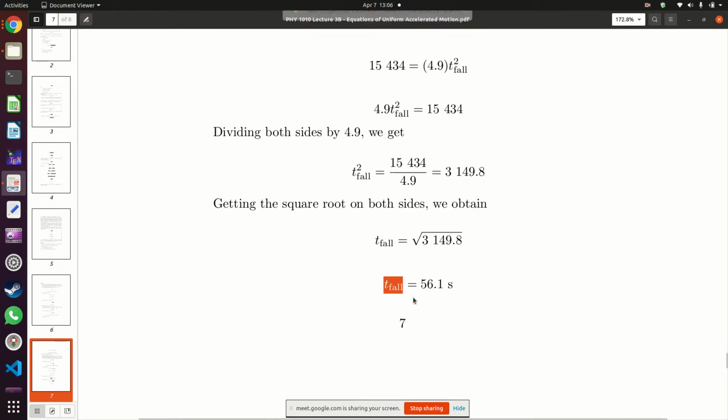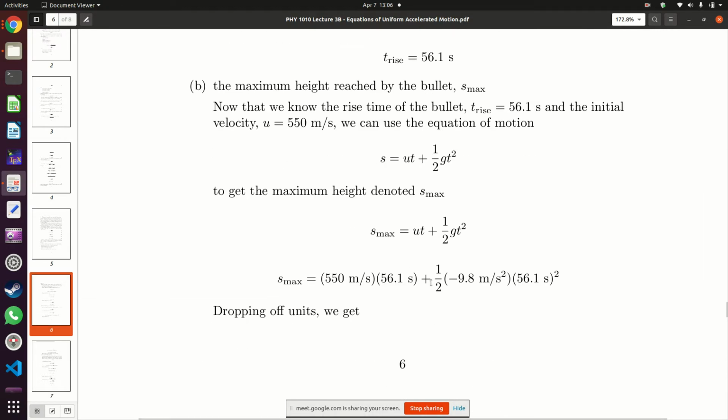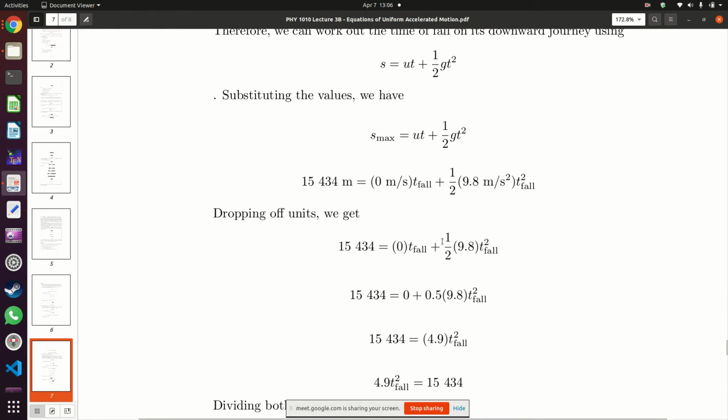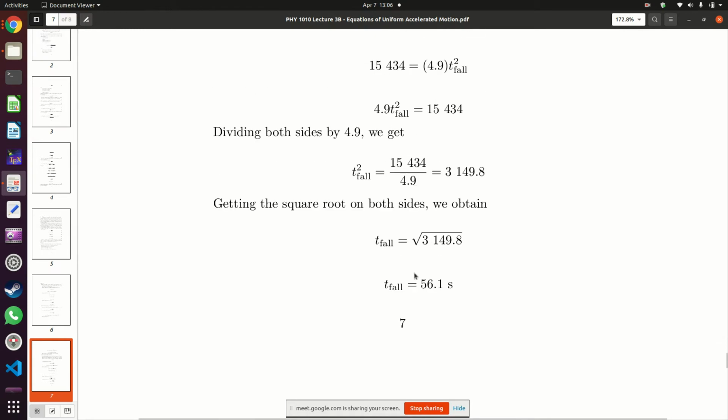This T fall, as you can see, is 56.1 seconds, and T rise is 56.1 seconds. What you see here is that the time it takes the bullet to rise to maximum height and the time it takes the bullet to fall from there are the same.